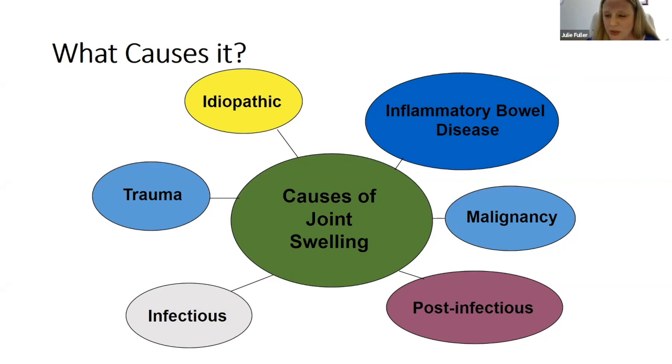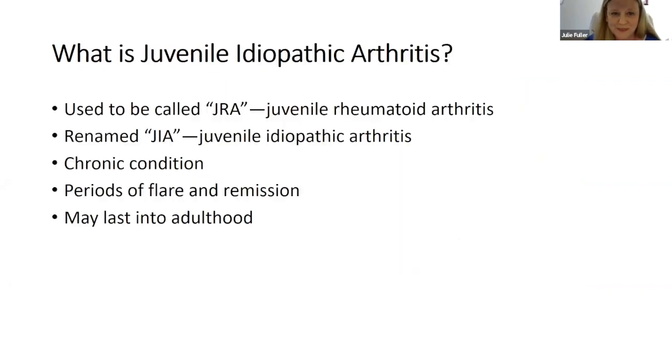We get about 1 or 2 cases of leukemia per year that present with knee swelling. We certainly see post-infectious, like post-streptococcal reactive arthritis and infectious arthritis, such as septic joints. And of course, trauma is an obvious cause of joint swelling, but typically does not get referred to rheumatology. So the focus of our talk today is idiopathic joint swelling or juvenile arthritis.